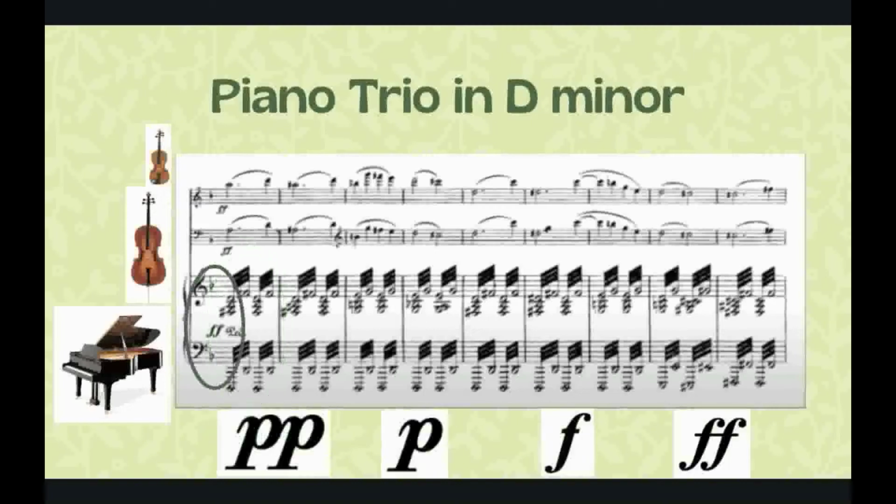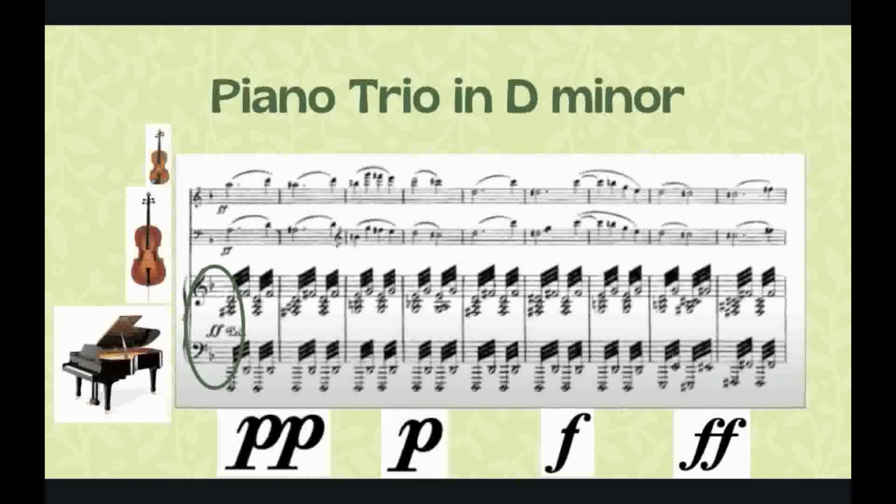Very good. So as you're going through this piece, you are going to see a lot of different dynamics on the page, and I want you to be looking out for them. I went ahead and circled the very first one that you're going to see, which is those two Fs. The piece is going to start fortissimo, very loud, but at the bottom of your screen are all the different dynamics that you're going to see throughout it.